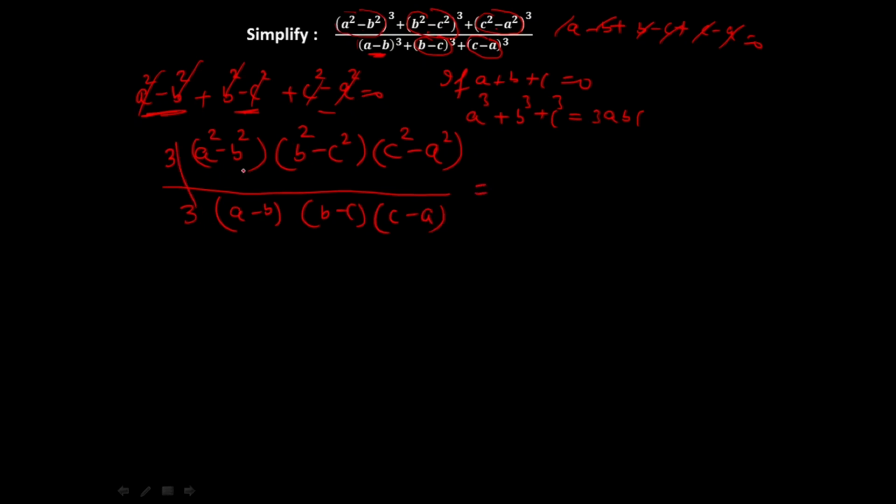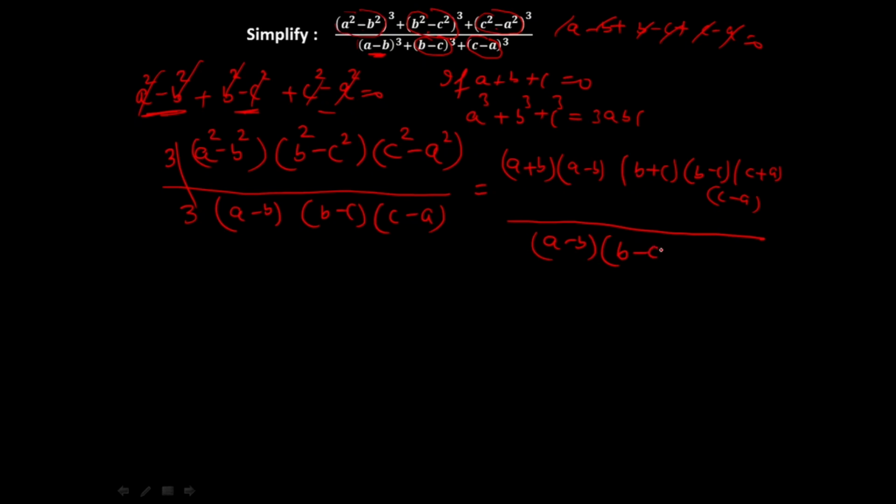Now in the numerator, a square minus b square, the identity gives (a plus b)(a minus b). Same with the other one, (b plus c)(b minus c). And the next one, (c plus a)(c minus a). In the denominator, we have (a minus b)(b minus c)(c minus a).